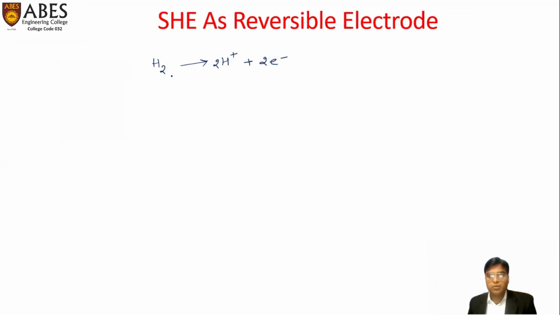When hydrogen undergoes oxidation to form H+ ions, this is the anodic reaction. On the other hand, the H+ ions may take up electrons to form hydrogen. In this case, reduction is happening, and hence this works as a cathodic reaction.